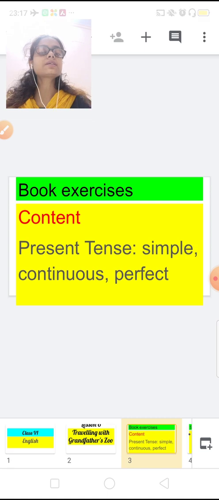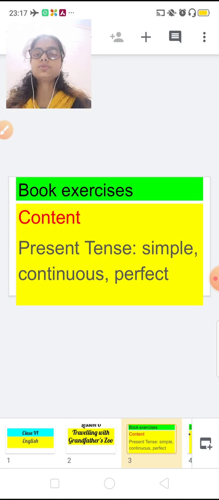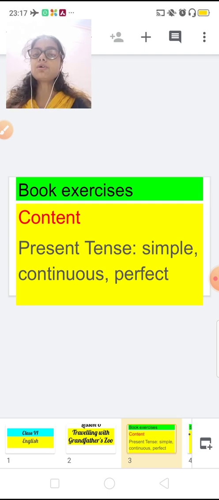So today's content line is present tense. We are going to cover this topic. In tense, today we are going to cover simple present, present continuous tense, and present perfect tense.